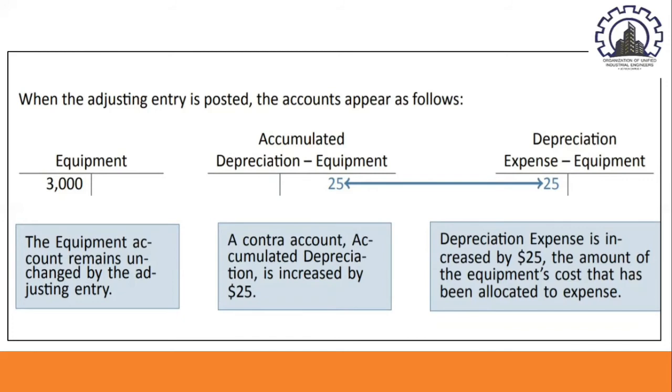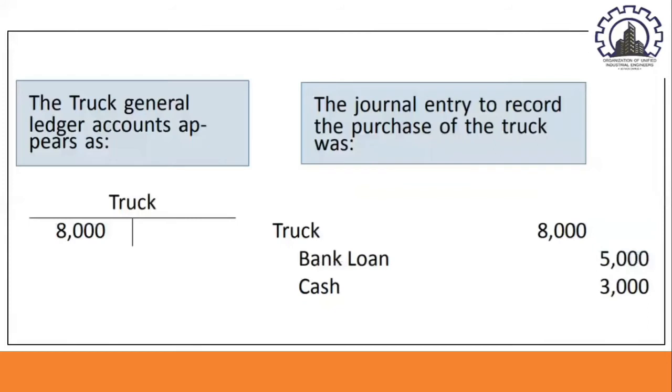Okay, so Big Dog Car Works Corporation also shows a truck for $8,000 on the January 31st, 2015 unadjusted trial balance. As you can see, they also purchased another asset, a truck worth $8,000. Assume the truck has an estimated useful life of 80 months and a zero estimated residual value.